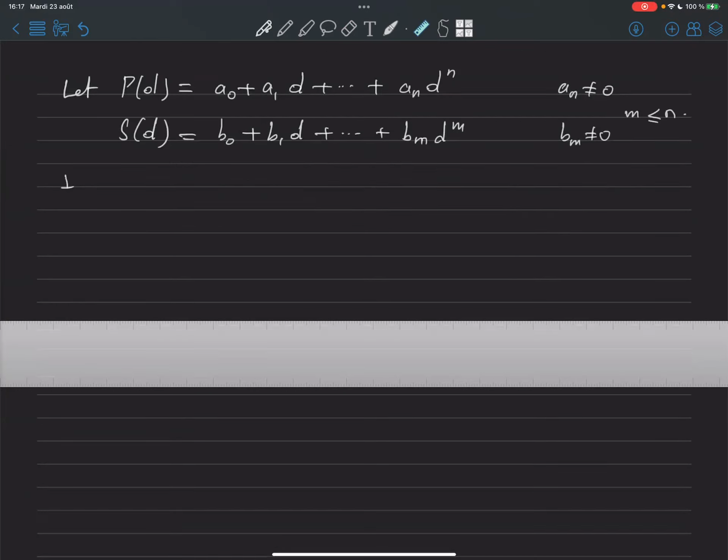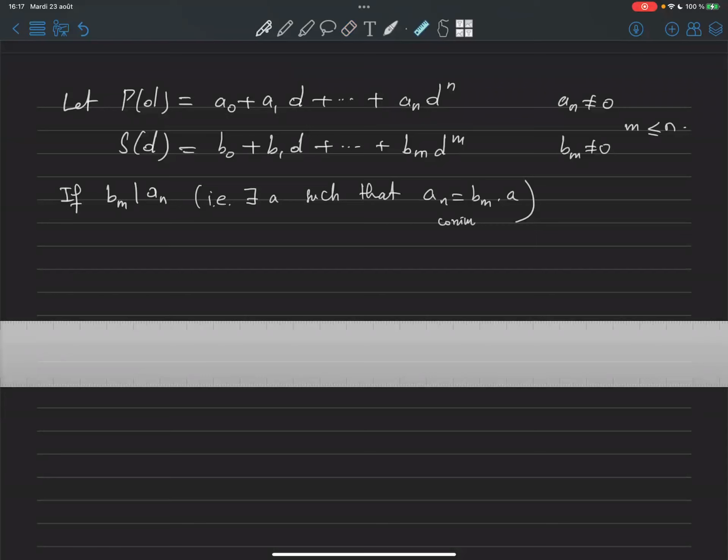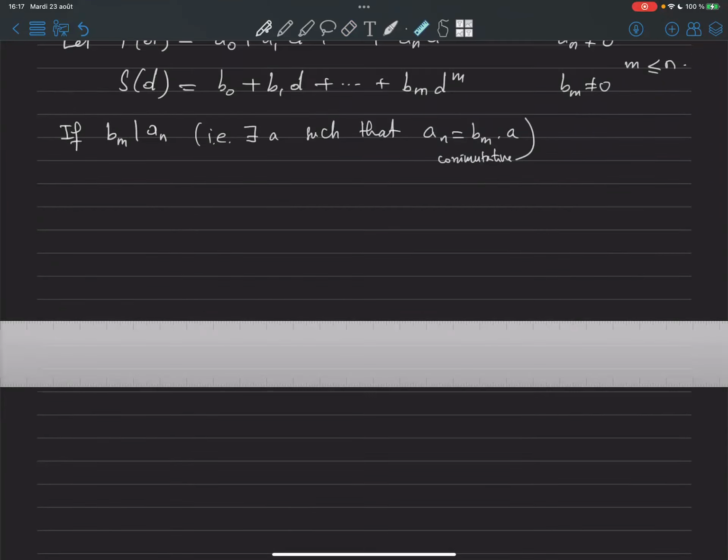If M divides N, it just means, it doesn't need to be unique, just that there exists an element A such that N is equal to A times M. Here the base is commutative, so it doesn't matter.